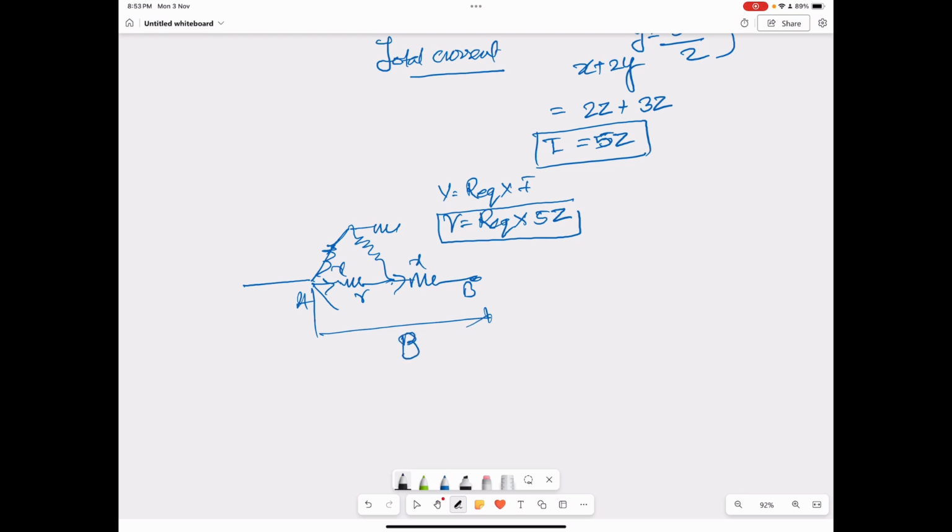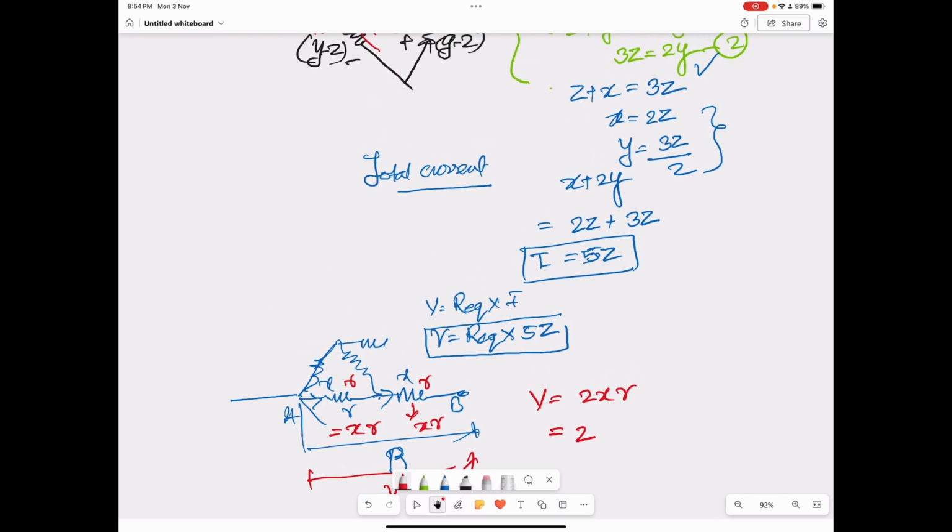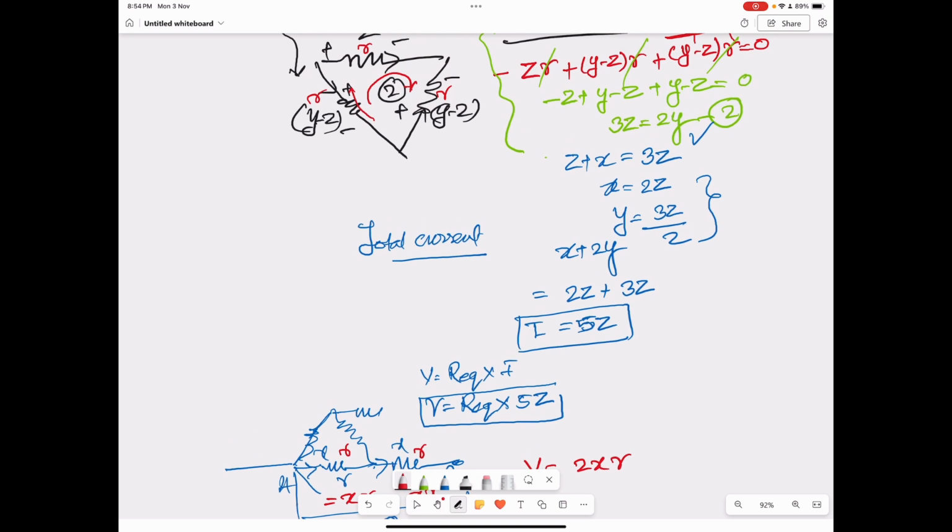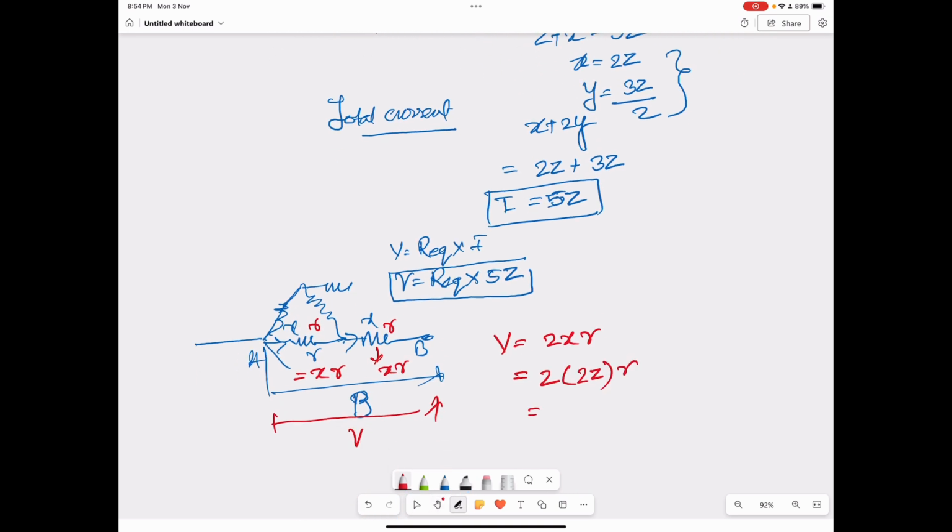So what will happen here? The voltage drop will be XR, and in this case also, here also, it will be X into R, because R is the resistance. So the total voltage drop across A and B, which is V, is given by 2XR. But if I put X in terms of Z, X will be nothing but 2 times Z. I have written it as 2 times Z into R, which is 4ZR.